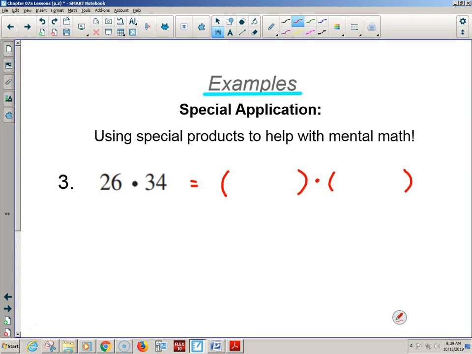Does anybody see that each of these are 4 away from the same number? 30 minus 4. And what's the other one? 30 plus 4. You see it? 30 is in the middle, and it's 4 away from that one, 4 away from that one. I could rewrite. Well, how does that make any difference?